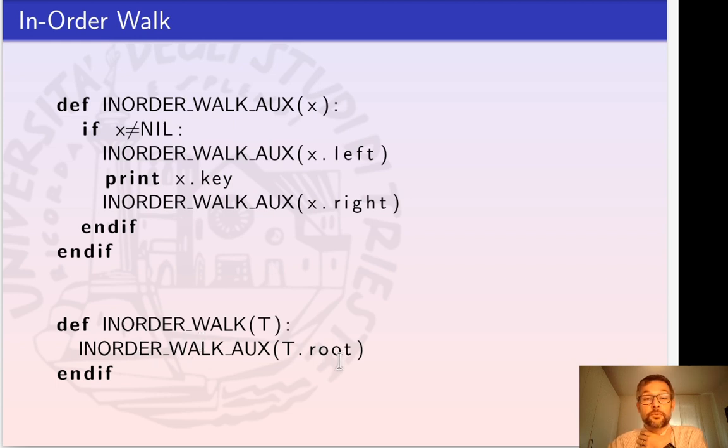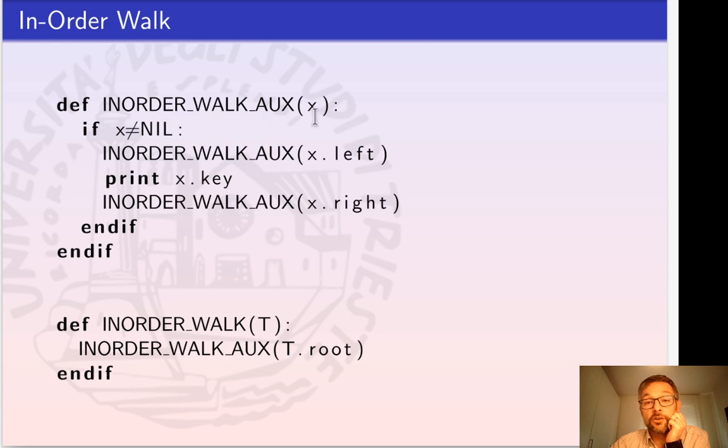We can start from the root, the node we are dealing with, and here you can see why it is important to consider the nil leaves as nodes, because by using the nil nodes we are able to provide an easy recursive algorithm for in-order walk.